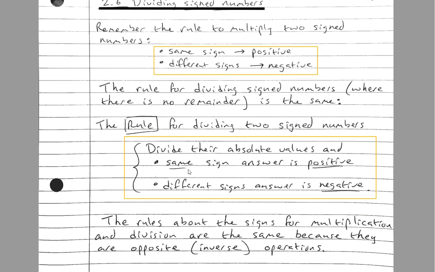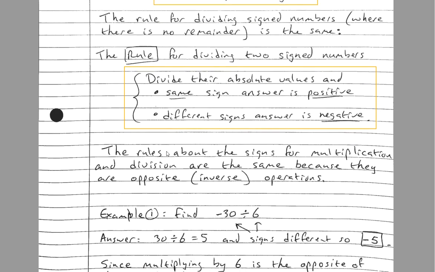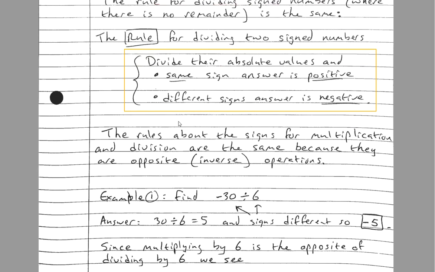Well, if the two numbers you're dividing have the same sign, the answer is positive again, and if they have different signs, the answer is negative. And the reason the rules for signs are the same is because multiplication and division are opposite or inverse operations.